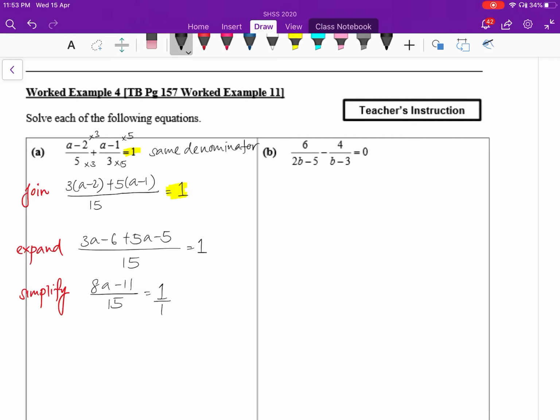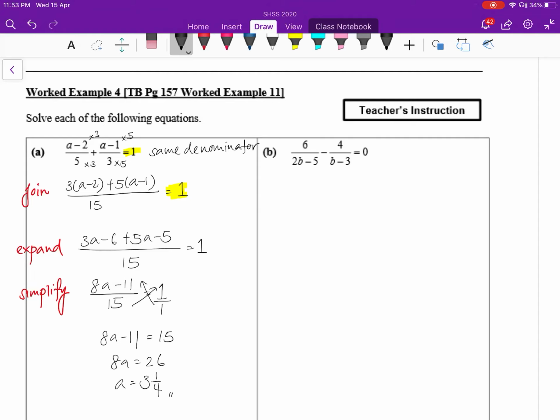Can cross multiply. You should get 8a minus 11 equals 15. Bring over the minus 11, you get 26. And a is 26 divided by 8. 26 divided by 8, you get 3 1/4. That's the final answer.